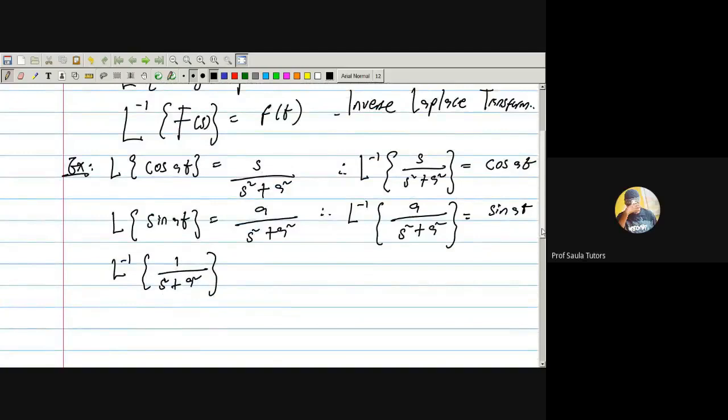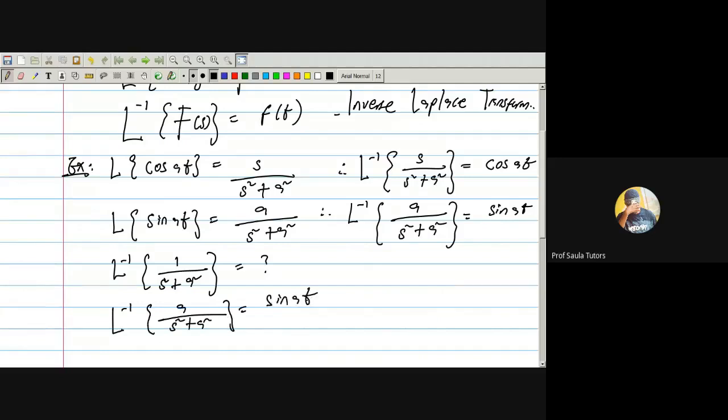What will it be? The inverse Laplace transform of 1 over s squared plus a squared. Do you know what the answer will be? I will not teach you. Now pay attention. Recall that the inverse Laplace transform of a over s squared plus a squared is equal to sine at.